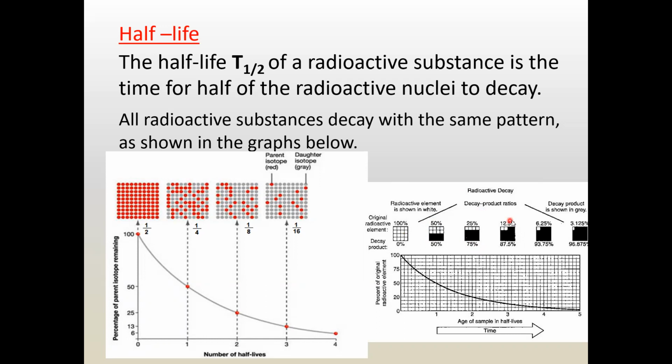After another half-life, 12.5 will be unstable, the remaining stable. And after that, 6.25 will be unstable, and so on. So the amount of stable particles in the sample increases and the amount of unstable decreases.